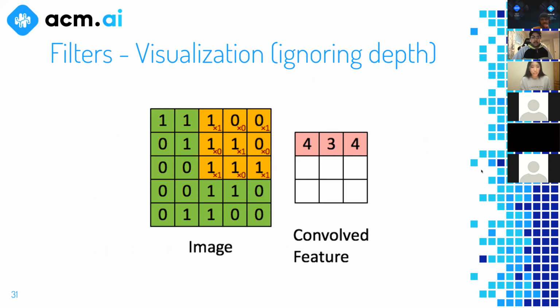As you can see in this filter diagram, we have a filter that is 3x3, and it's moving along the image. If you guys notice the little red numbers in the filter, those are going to be our weights.